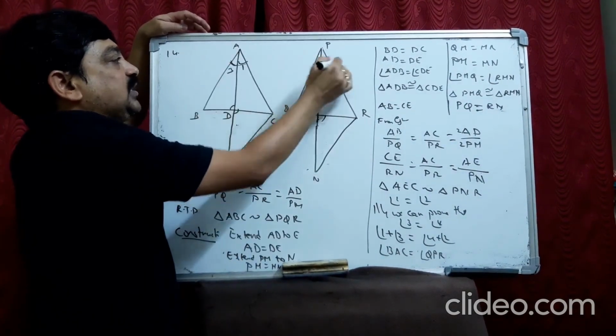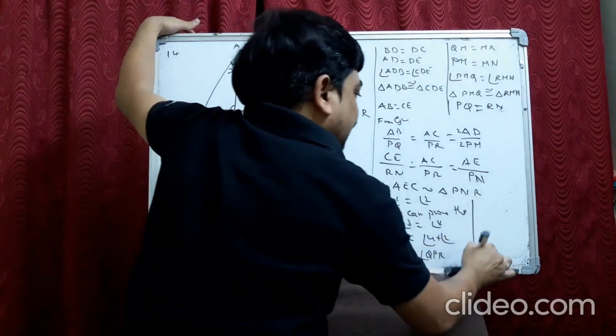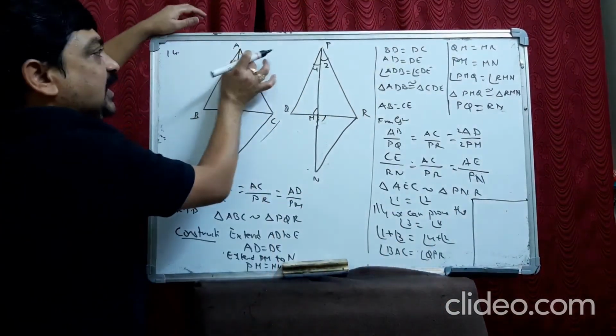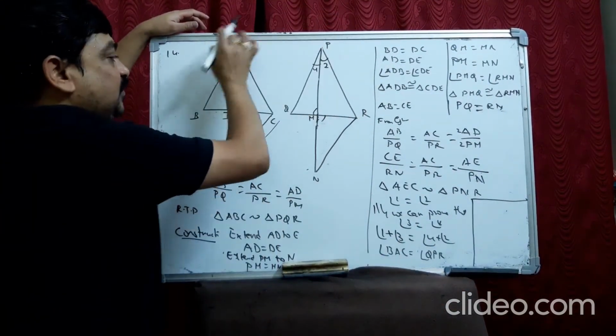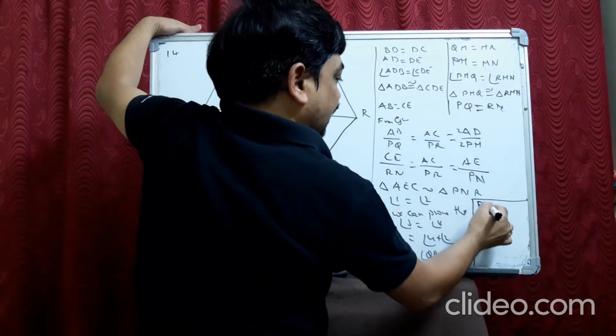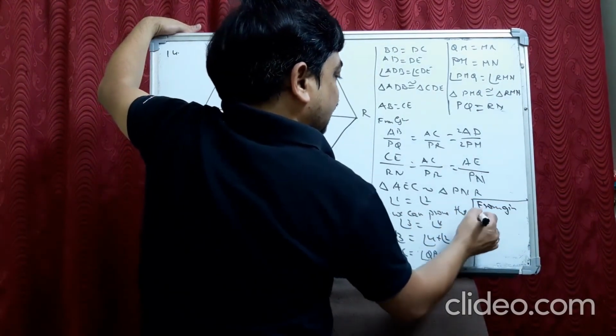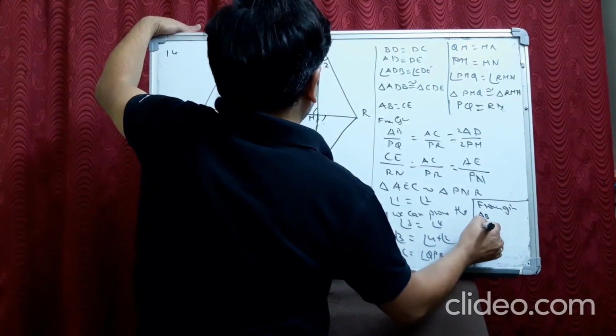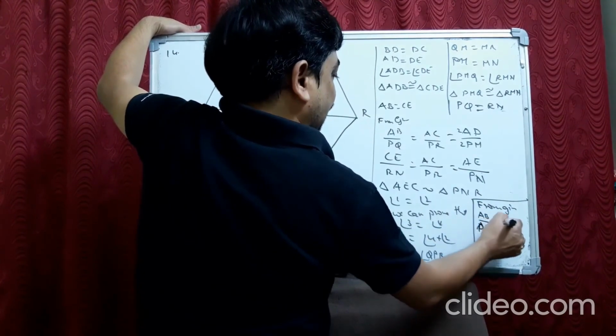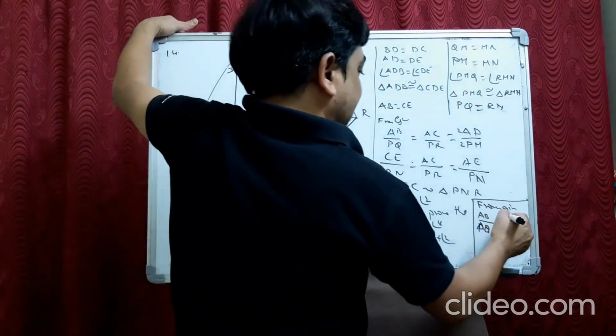That means these two angles are equal. Again, from the given condition, what did we get? From the given, AB by PQ is equal to AC by PR.